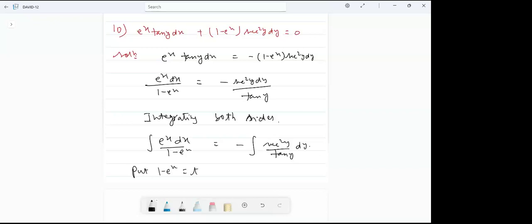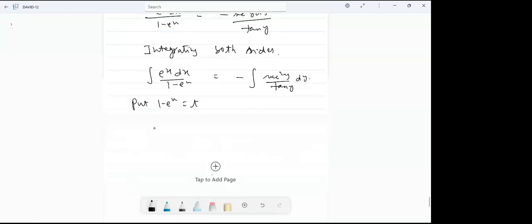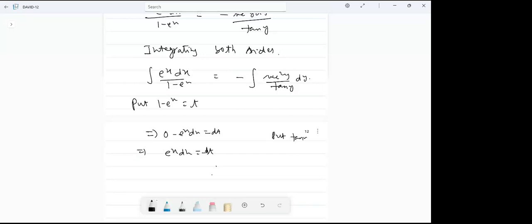Then we have 0 minus e to the power x dx equals to dt, so e to the power x dx equals to minus dt. And in the right hand side, put tan y equals to z, so sec square y dy equals to dz.